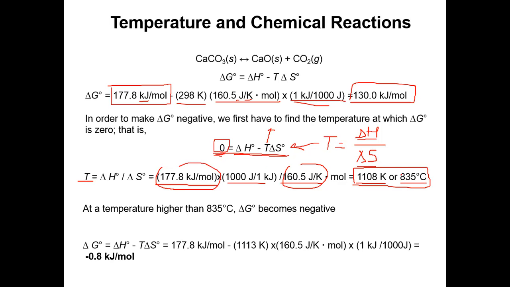So it means that we need to put temperature higher than this. At temperature higher than this, delta G becomes negative. Say, if you put temperature which is more than 1108, right? So if you put temperature like this or even higher, then all the time delta G will be minus.